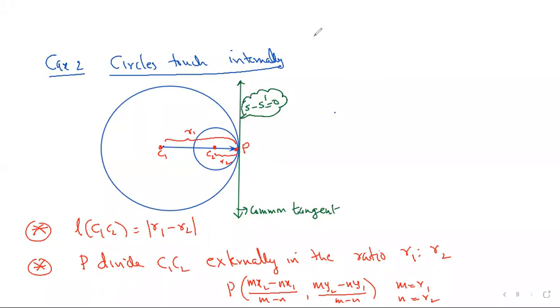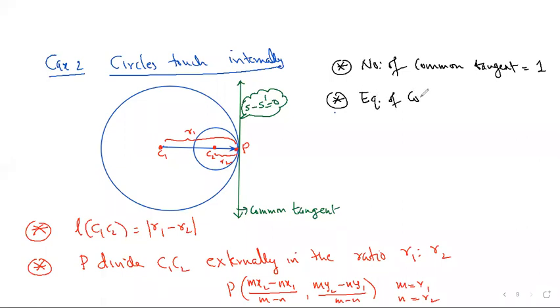So the next point you have to write is: number of common tangents will be equal to 1. Equation of common tangent: just subtract both equations of circle, S minus S dash equals 0.